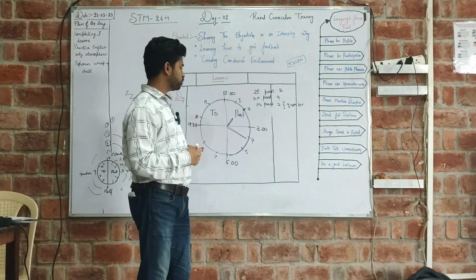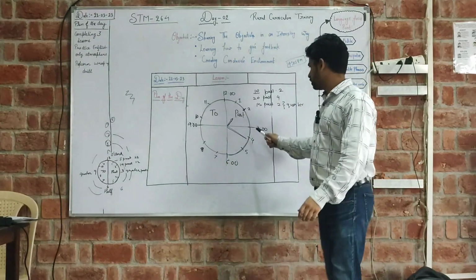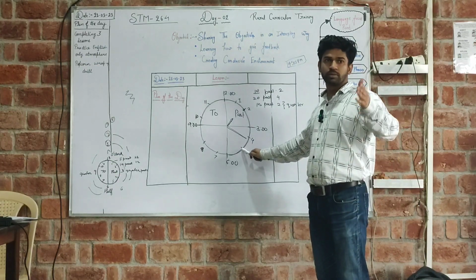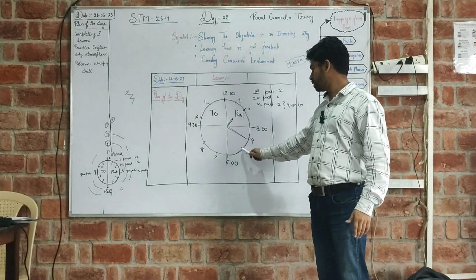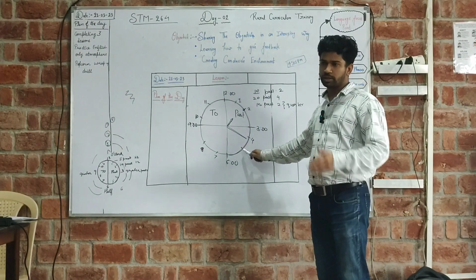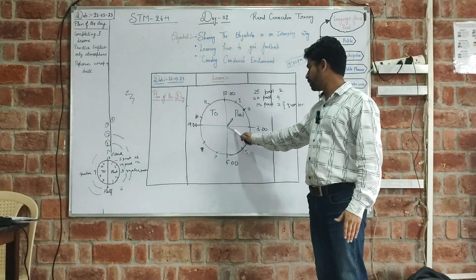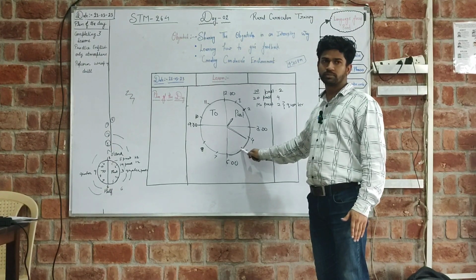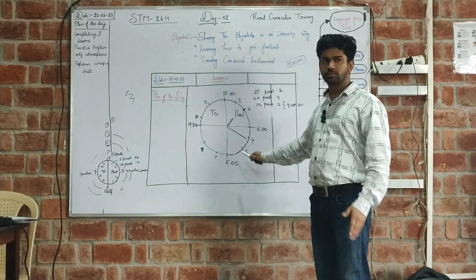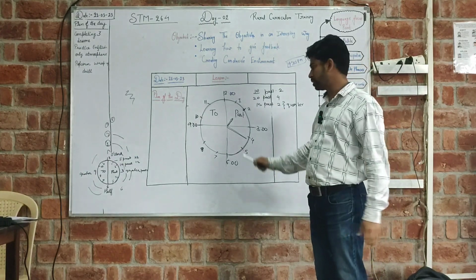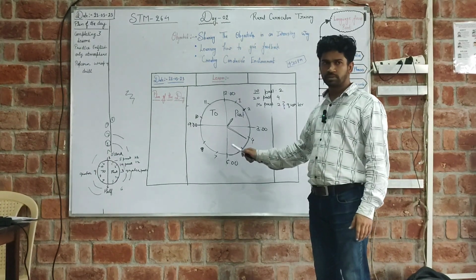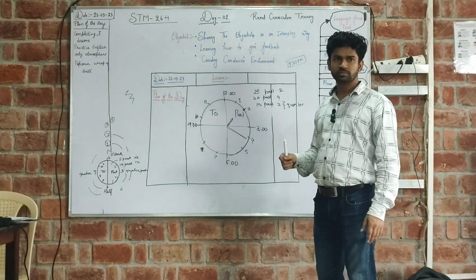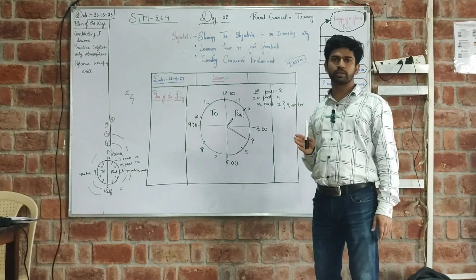Let me quickly ask some questions to everyone. Neelam, if the bigger hand is here, what will I say? The time, can you please tell me? 25 past 2. That is correct.